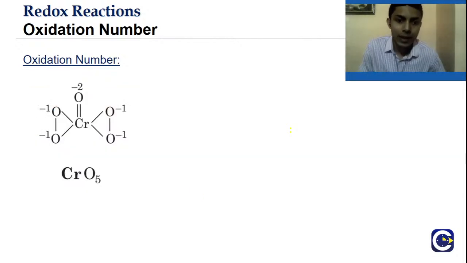Try out this CrO5. In this case, what will be the oxidation number of chromium? Yes, very good, Dinesh. It is 5 and 3. Because sulfur won't develop any charge on either of these. What about chromium?